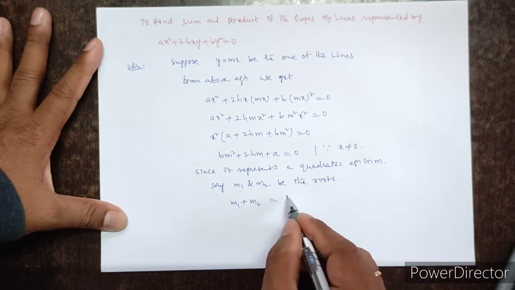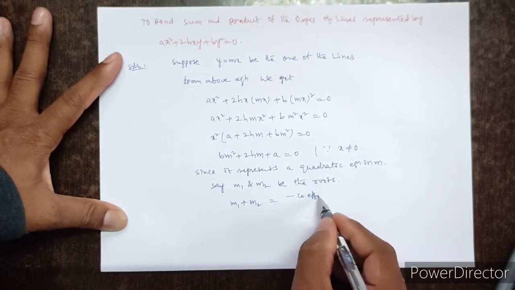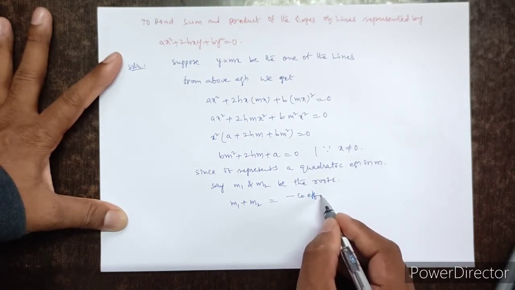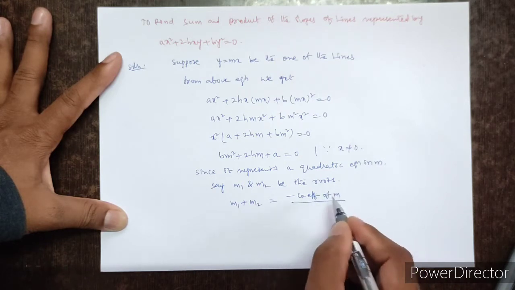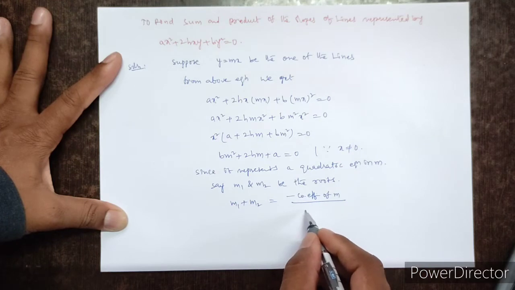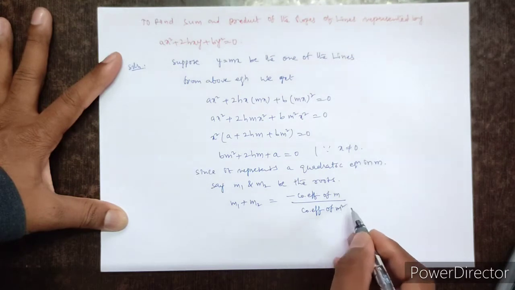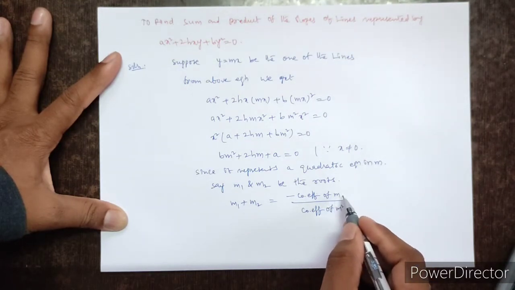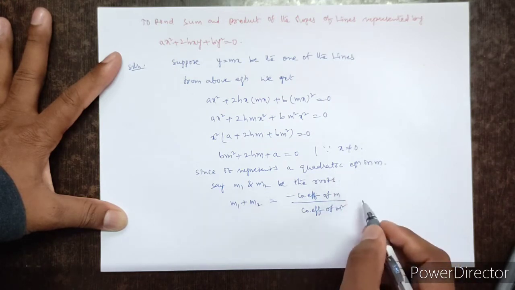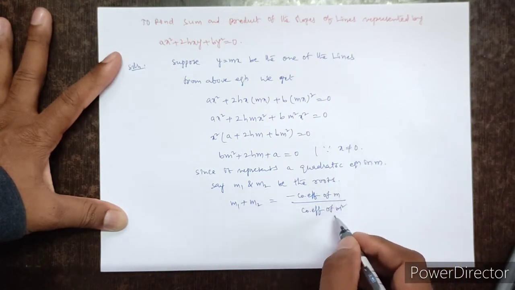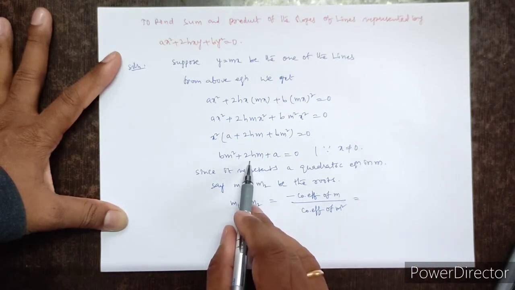Here quadratic equation is in m, therefore minus coefficient of m by coefficient of m square. Minus what is coefficient of m?